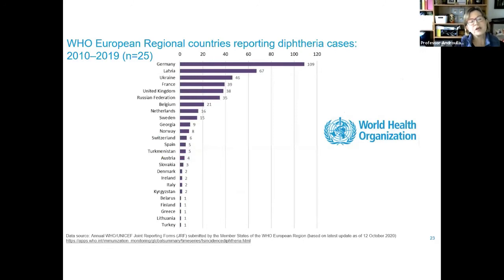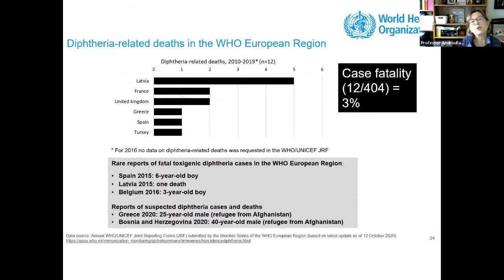This is the number of cases over the last 10 years in the WHO European region. So we are still seeing cases, although sporadic, within the Euro region. Most of these tend to be imported. If we look at the deaths, as I said earlier, the case fatality rate varies.